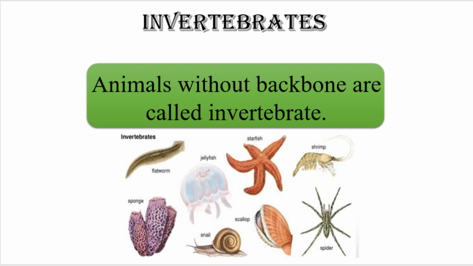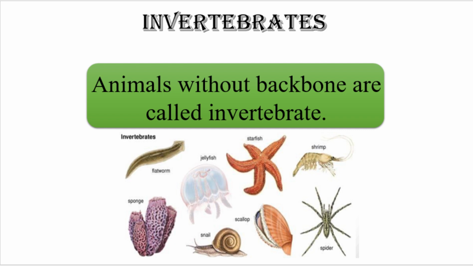Now, the question arises, if they do not have a skeleton for their protection, what do they have? Yes, any idea? If yes, write your answer in the comment section.